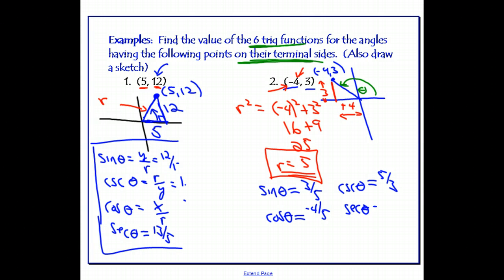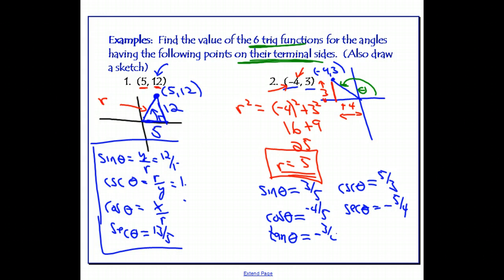Secant, kind of missed that there. Secant is the reciprocal. The number is negative, the reciprocal is still negative, but it becomes 5/4. We flip, but the sign does not change when you take a reciprocal. And then the tangent, again, you realize, wait, we could have answered that first. We didn't have to figure out r for that. Tangent is y over x, so we've got 3 over -4.